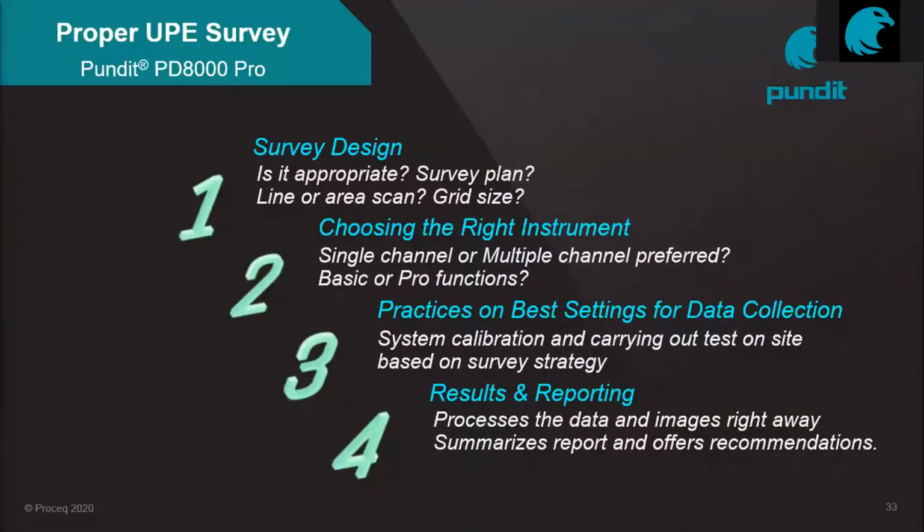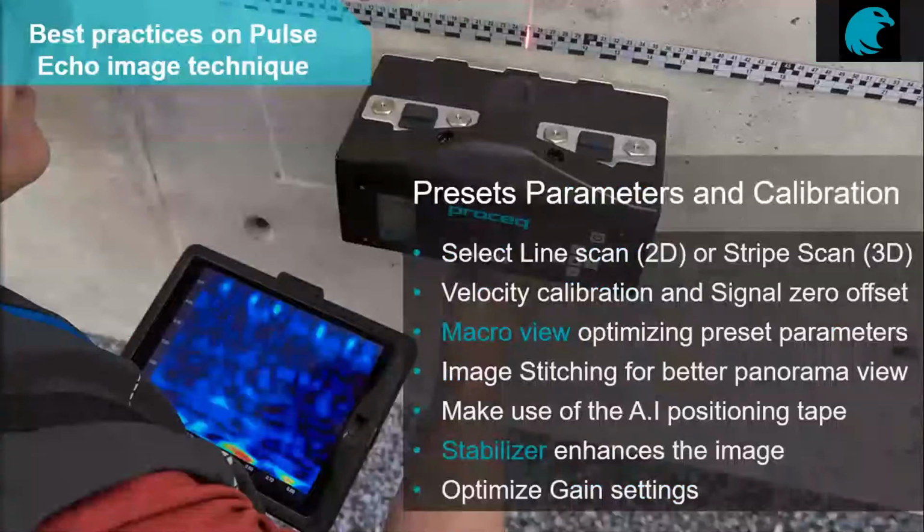Then we perform the proper testing, which is very important. After all the data is collected, we conduct imaging and interpret the data for submitting the report. Of course, we also need to give some recommendations. So how to do that? I will mainly focus on number 3, some best practices on Pulse-Echo testing.